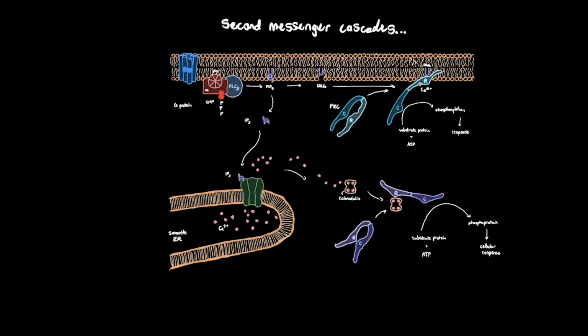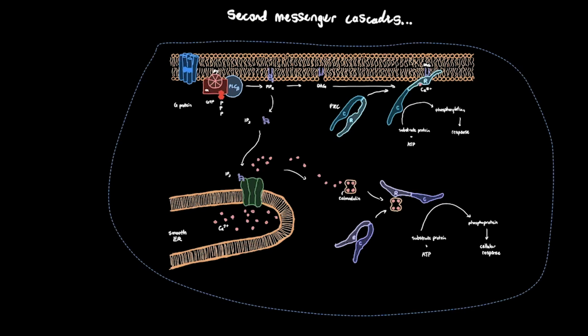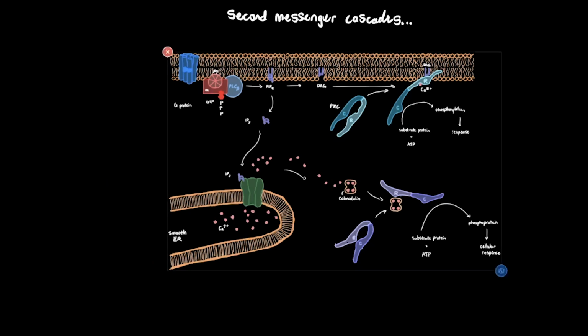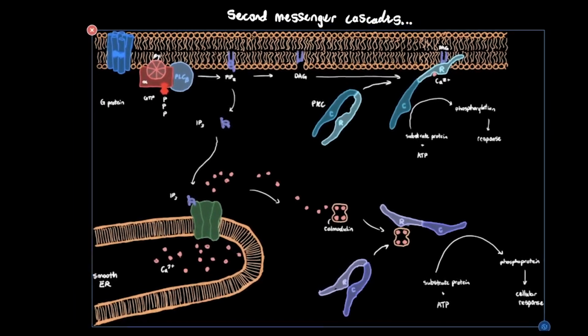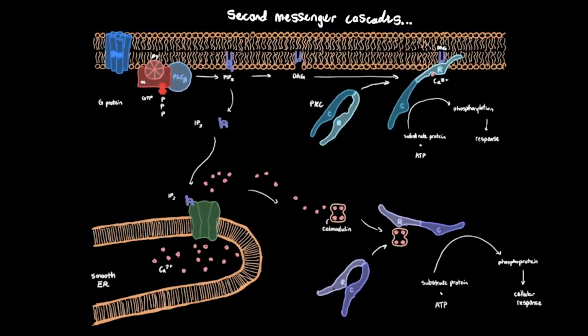Here is just one example of a second messenger cascade getting pretty complicated. This is a hydrolysis of phospholipids cascade that starts with a G protein coupled receptor. Let's see if we can make this bigger. And this is just an example of the complexity.